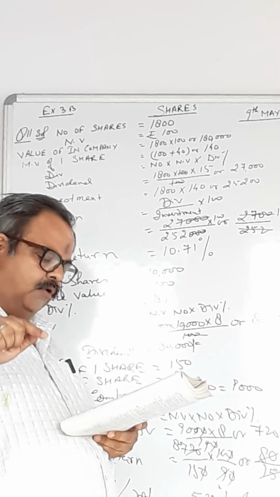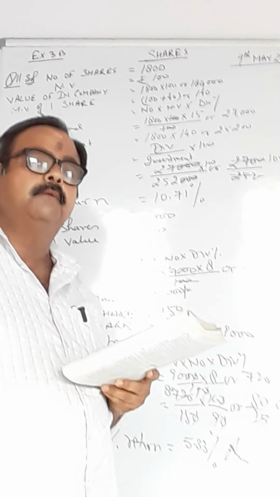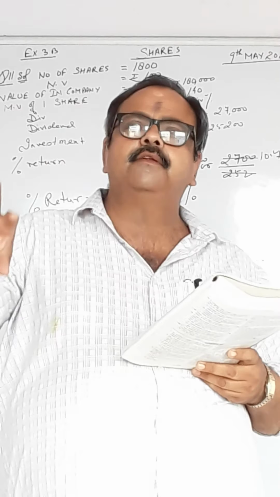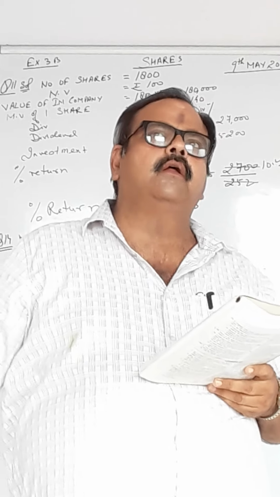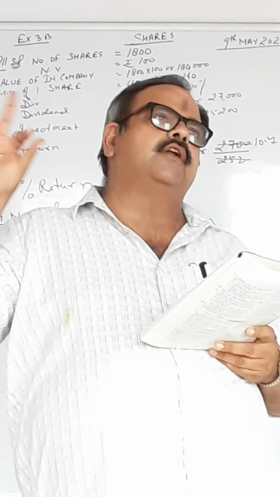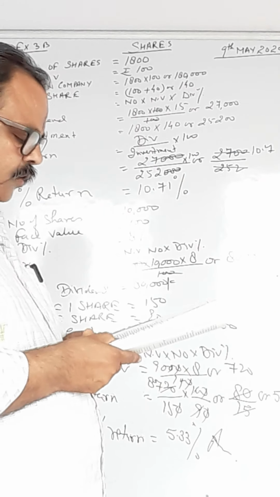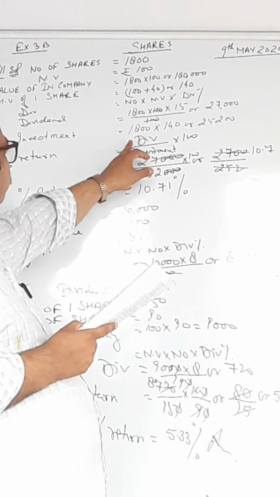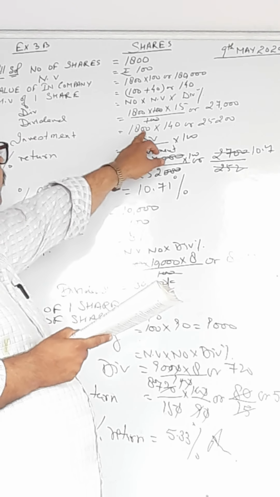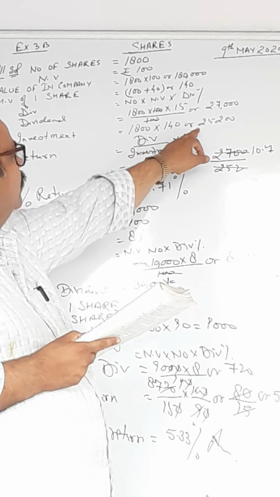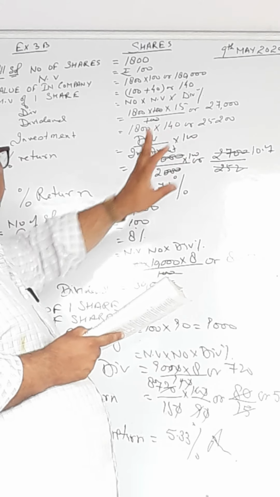If she had bought these shares at 40% premium, premium means from the market she has bought 100 rupee shares at 40% premium, so the value of one share in the market is 140. So 140 and 1800 shares, she has invested rupees 252,000.